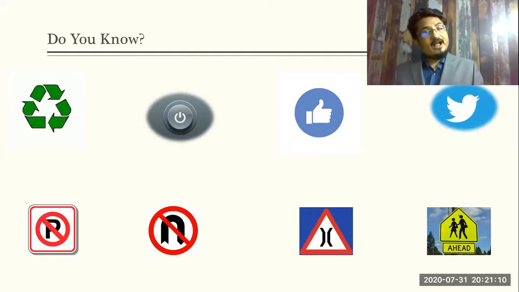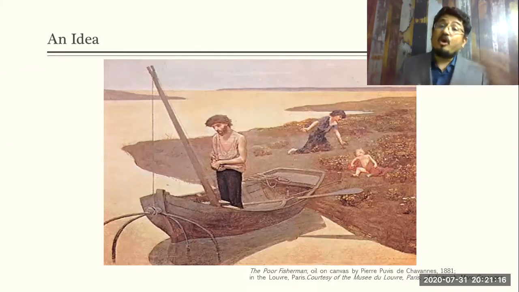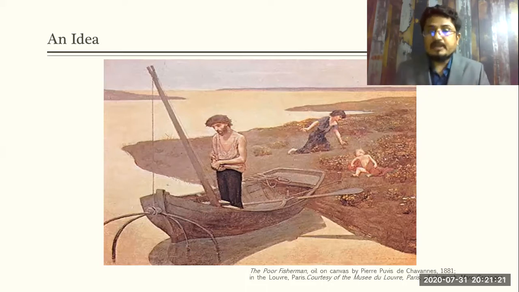But if I ask you to observe this picture, then you will be able to identify on the basis of context. If you are asking me to comprehend, then I'll say a child is lying on the ground with a woman. A person is standing on his boat with the fishing device, but he's very dull.